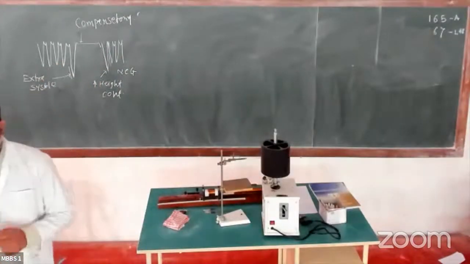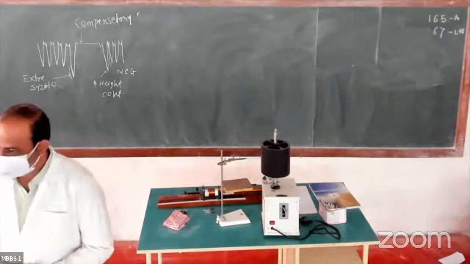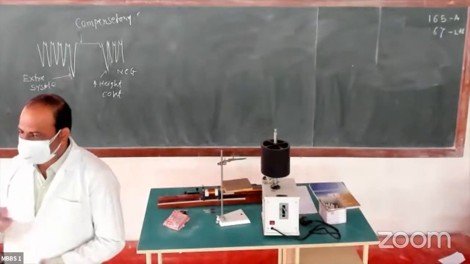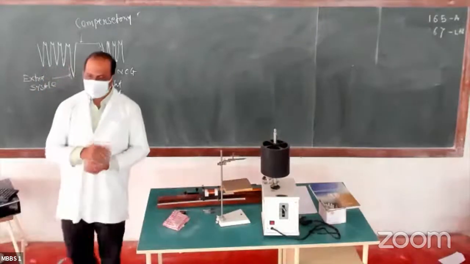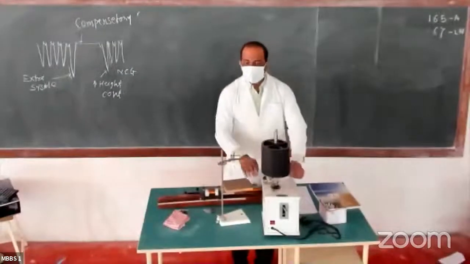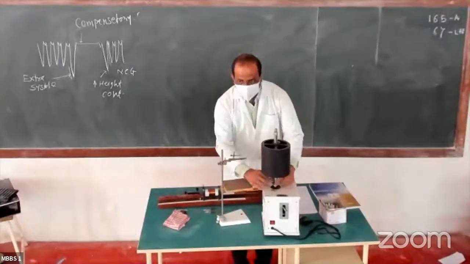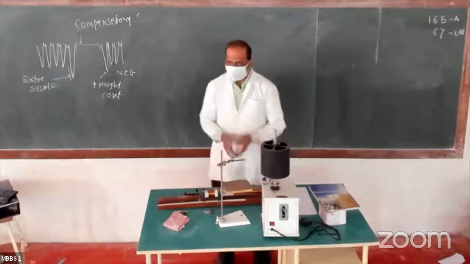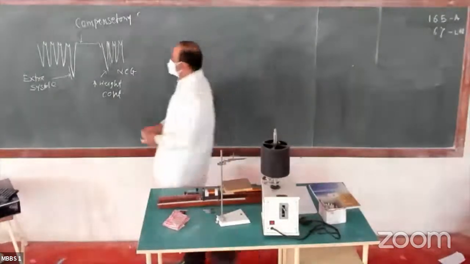First thing, how to apply the two successive stimuli? In the skeletal muscle, we applied the two successive stimuli with the help of the kymograph. The main components of the kymograph are these two strikers.